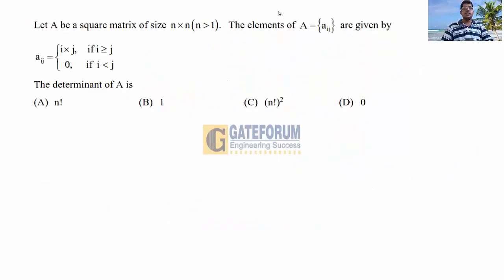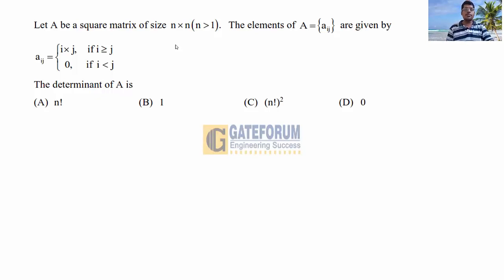The question is: let A be a square matrix of size n cross n, with n greater than 1. The elements of the matrix A, Aij, are given by i into j if i is greater than or equal to j, and 0 if i is less than j. The determinant of A is, with 4 options A, B, C, D given.